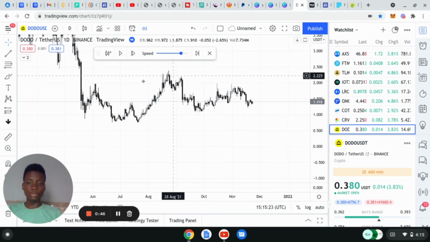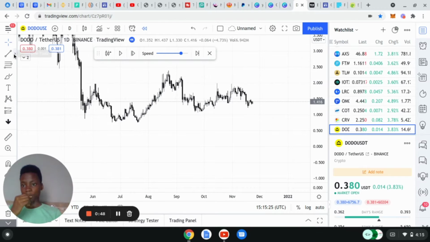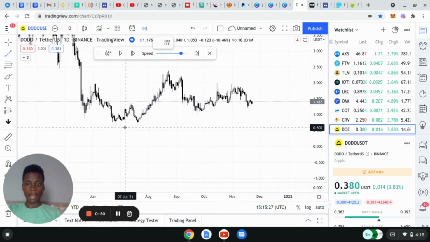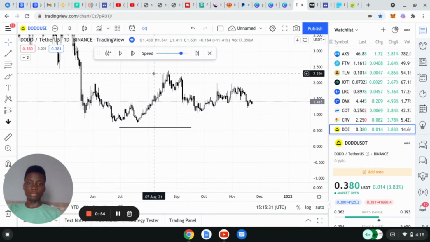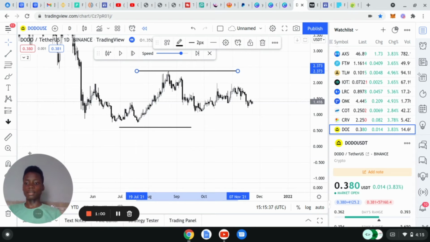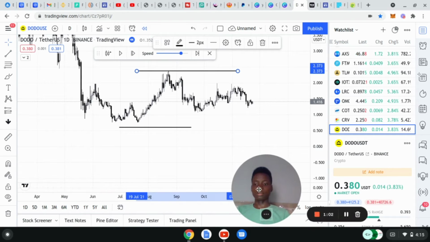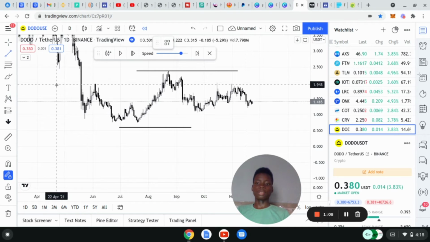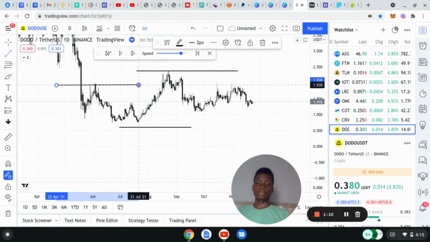So as you see now on the Dodo chart, we are making higher highs and higher lows. This is a low, this is a high here, this is a high here. Now this high was taken out by this high here, which makes it an uptrend.